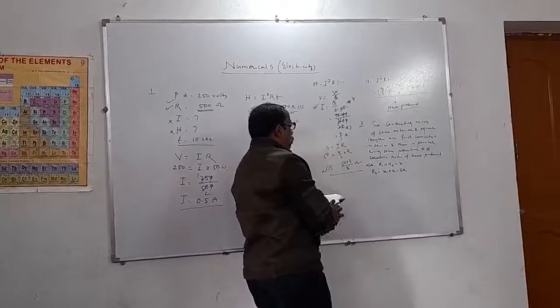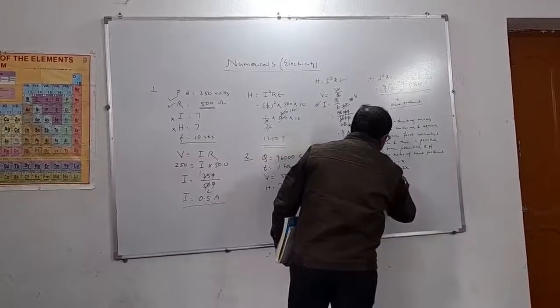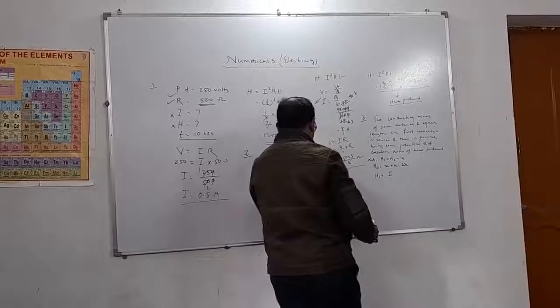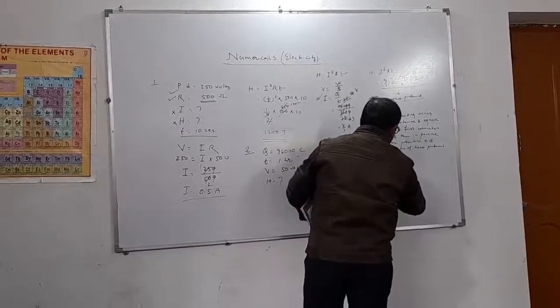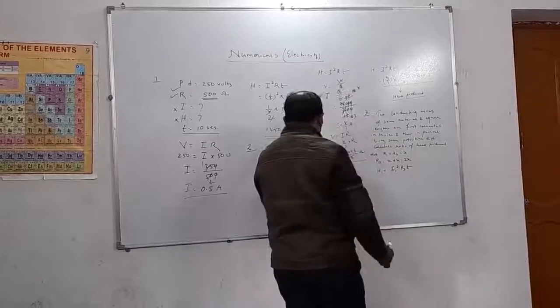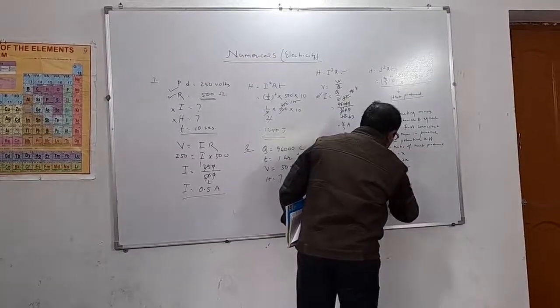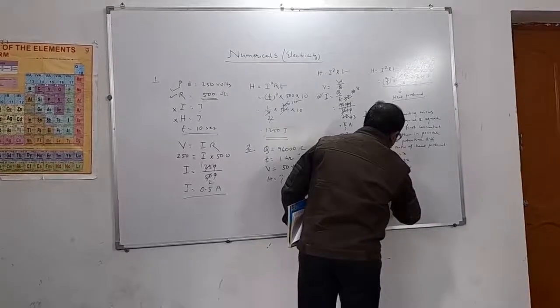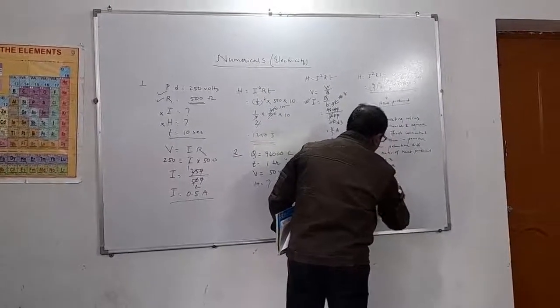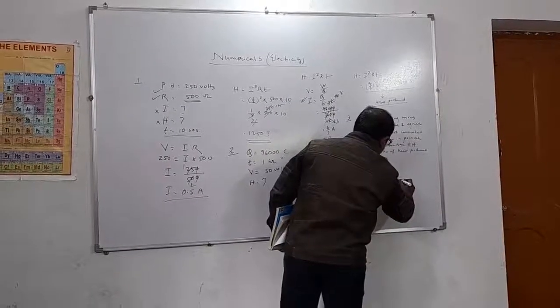Firstly, we have to calculate the heat produced in this case. H1 is equal to I1 square Rs into T. Now, I1 is equal to V by Rs, so H1 is V by Rs whole square into Rs into T.